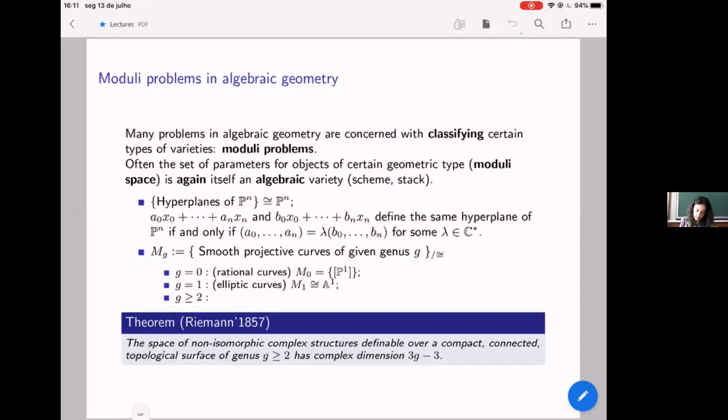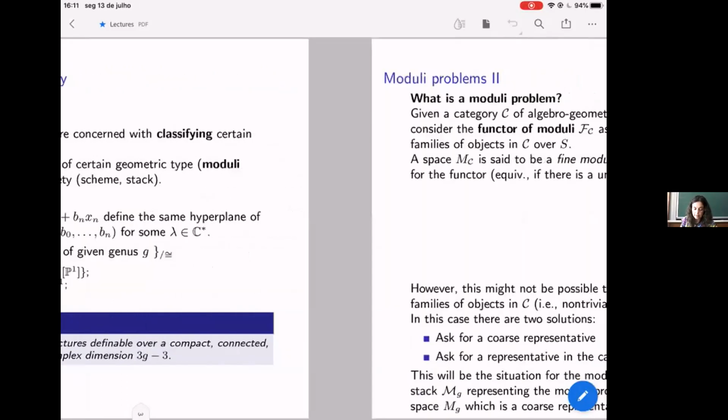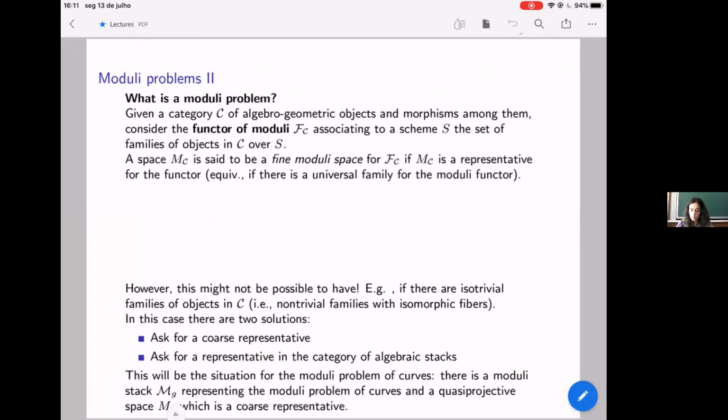This is maybe the first paper on moduli theory, and I think also where the word moduli was introduced. So this is the starting point.